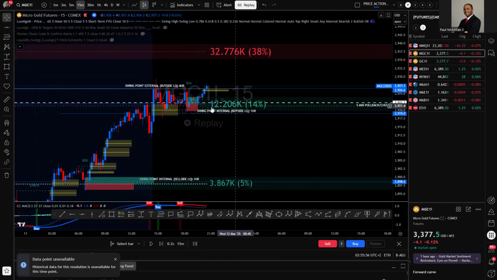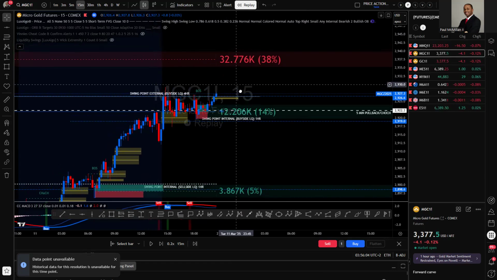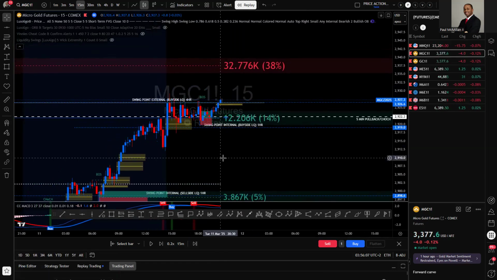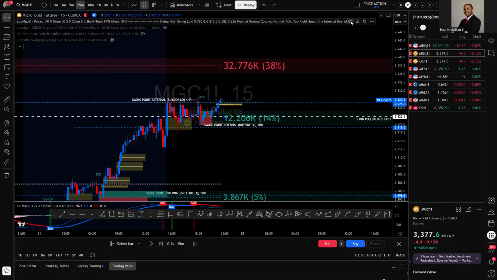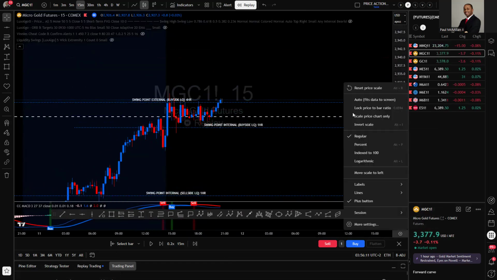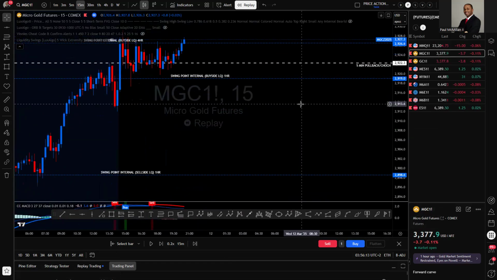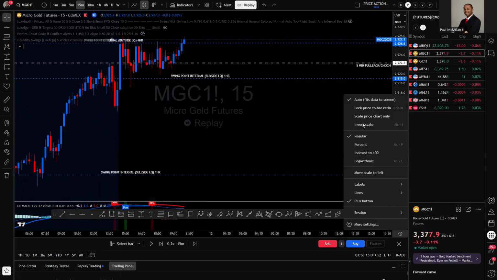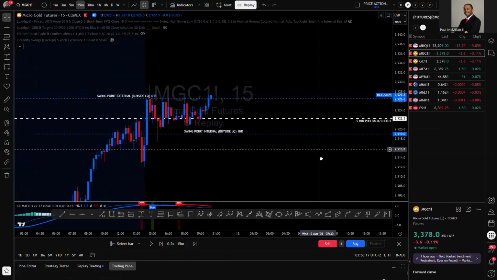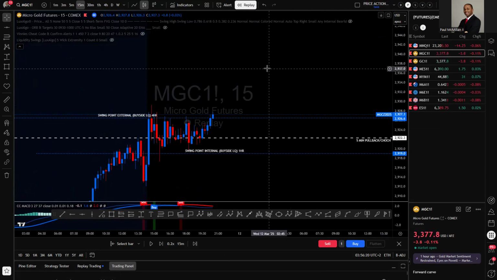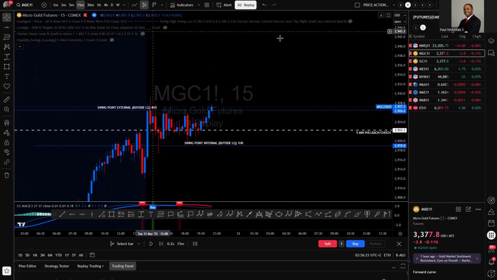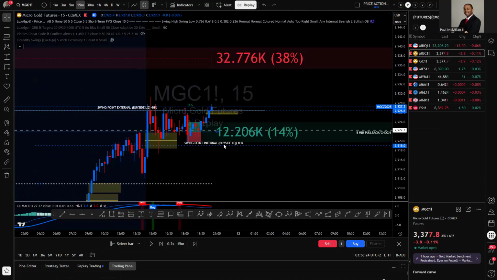So now, looks like we might have some still, breaking above this breaker structure. But we don't have much strong follow-through.